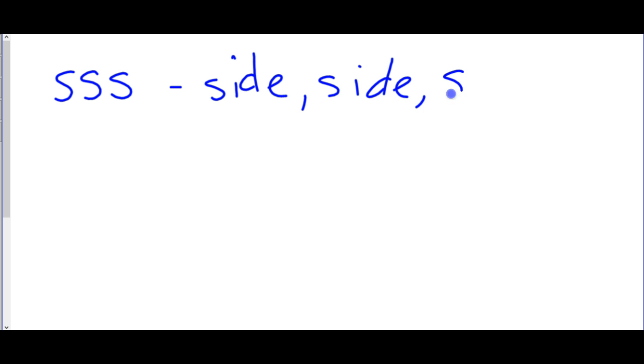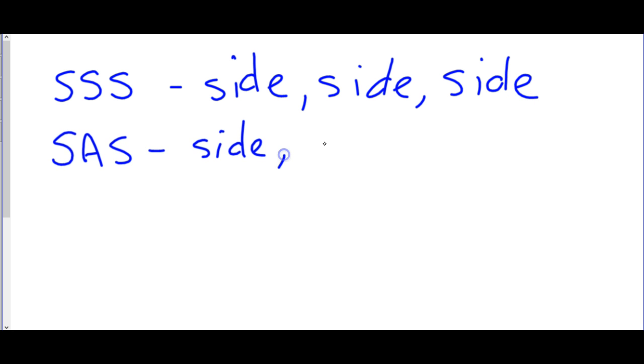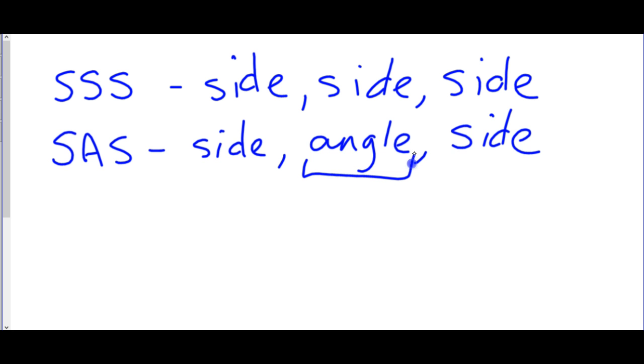Side, angle, side. And on this one, the angle must be between the two sides. They call that an included angle. Angle, side, angle.